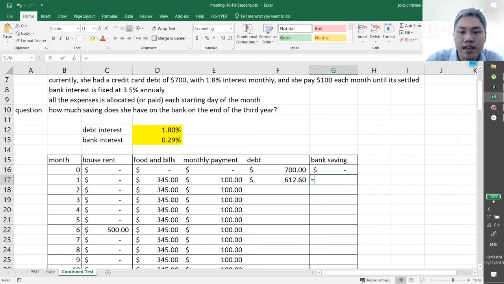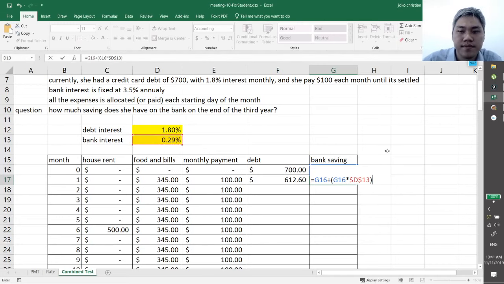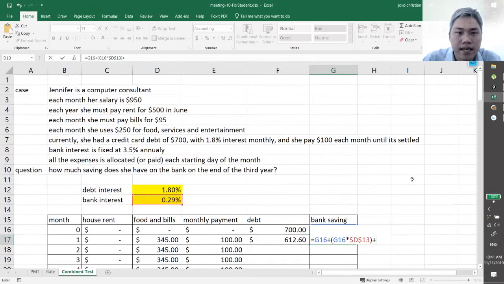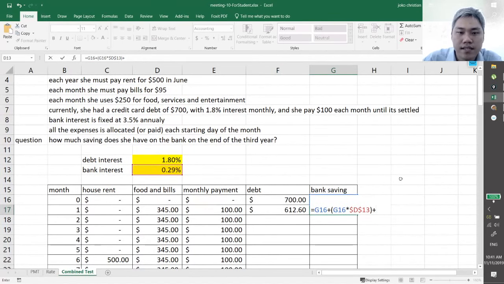Now the bank saving is the previous bank saving plus the previous bank saving multiplied with the bank interest, plus her salary, $950, subtract it with her house rent, her food and bills, and her monthly payment for the credit card.